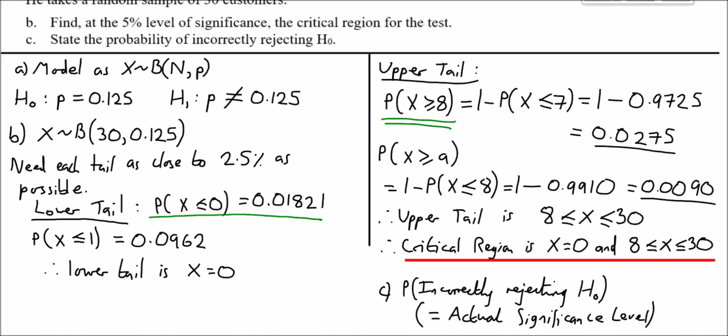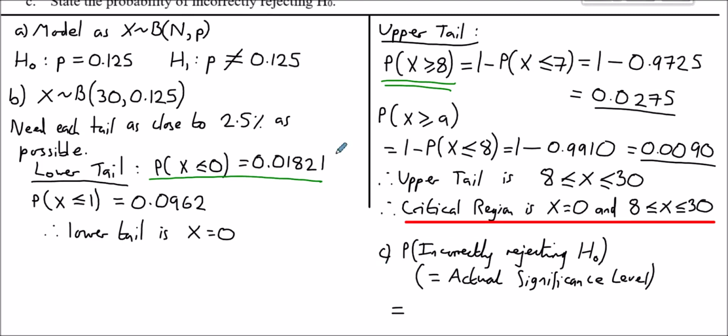And so all we need to do here is just add up the actual significance level of the two tails. So the first tail, x equal to 0, is this value here, and the upper tail is this probability here, 0.0275. And so if we add these together, we get 0.01821 plus 0.0275, which will give us, to three significant figures, 0.0457.